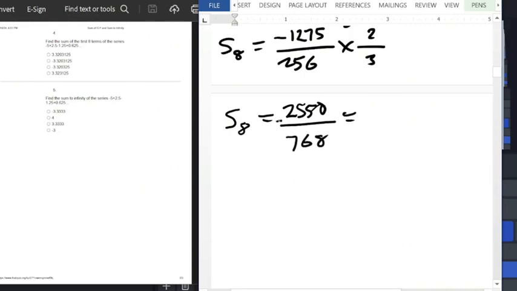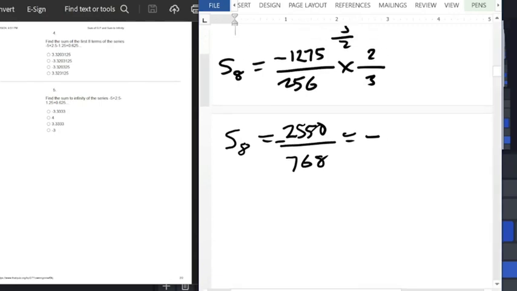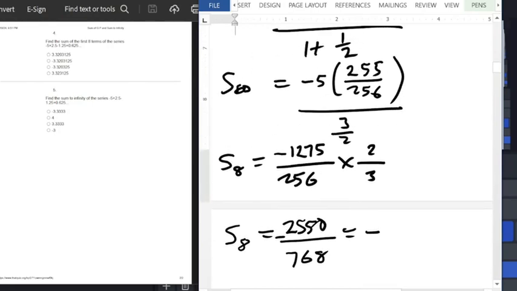So we now have minus 2550 divided by 768.